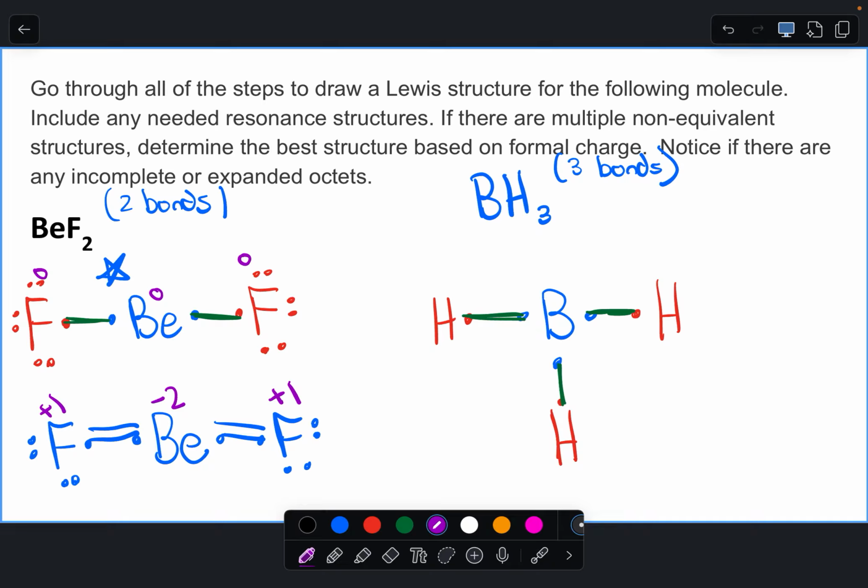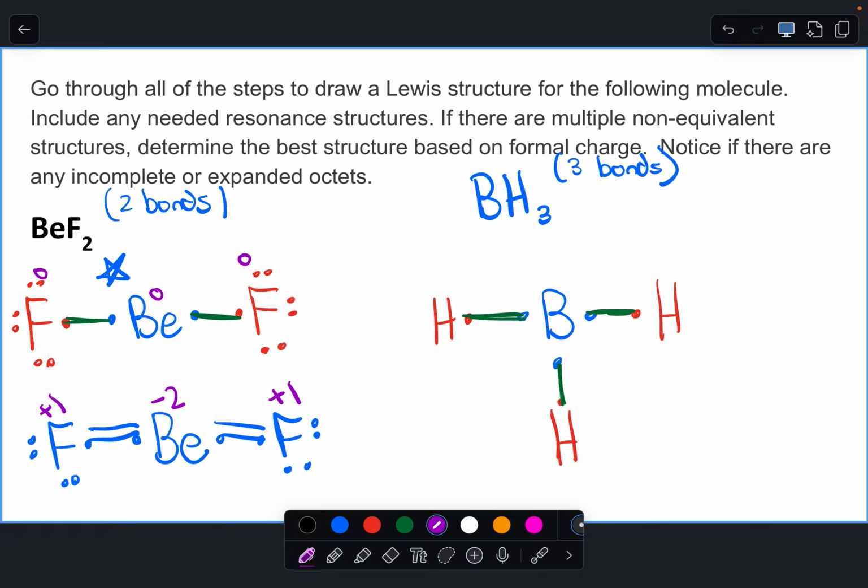Okay, so the first one has 0 formal charge for everything. So it's a pretty good structure, is what we're saying. The second one has -2 on the beryllium and +1 on the fluorine. So they're not close to 0, but also we said that if they're going to be non-zero, you better put the negative charge on the more electronegative atom.